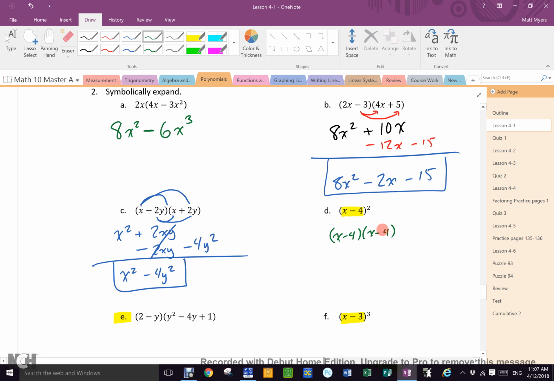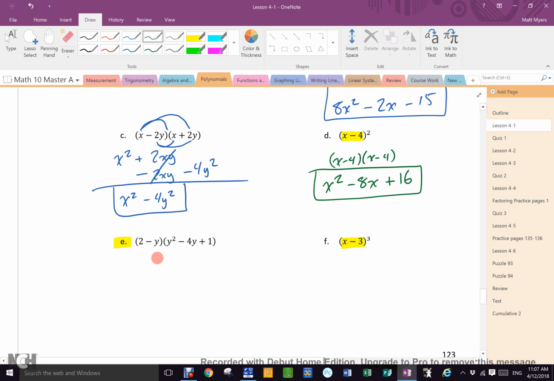Why can I use the shortcut here? Because the coefficient is 1. X squared. What is negative 4 plus negative 4? Negative 8x. What's negative 4 times negative 4? Positive 16.